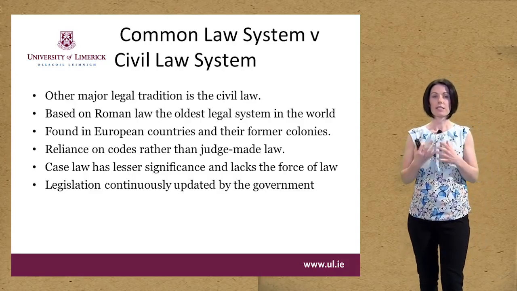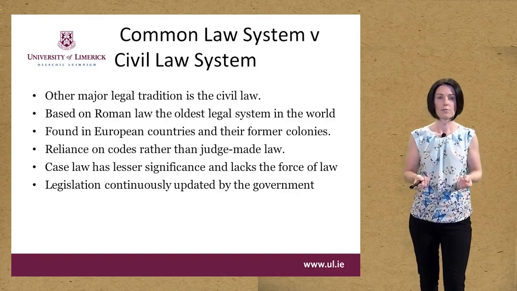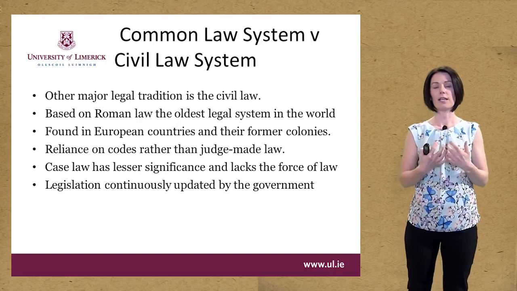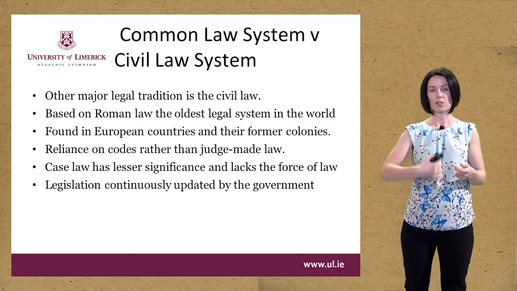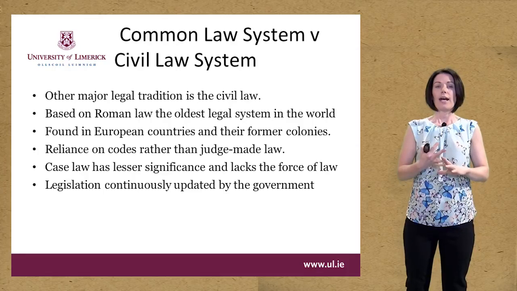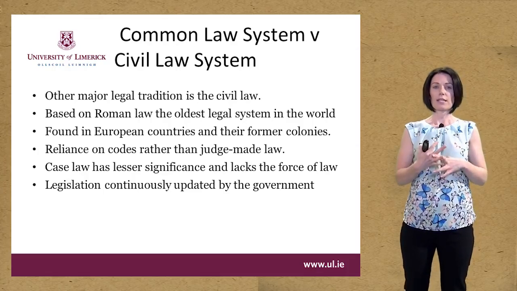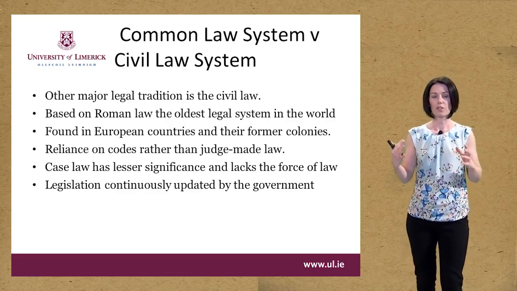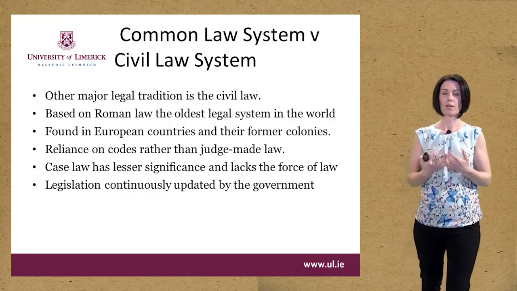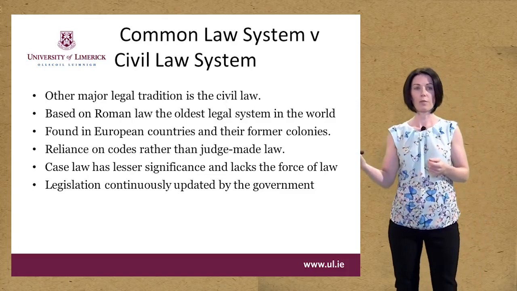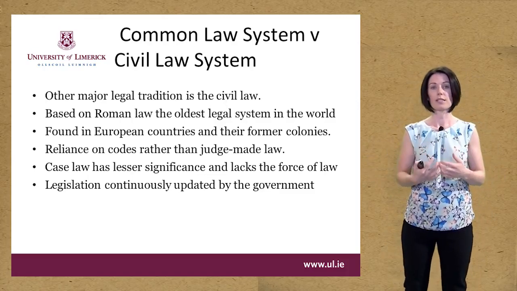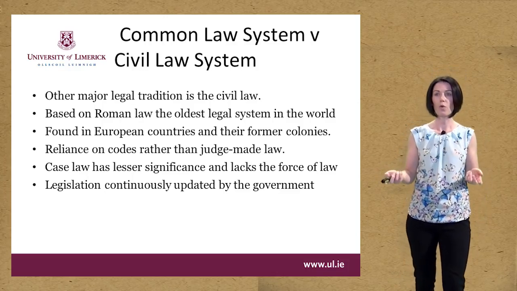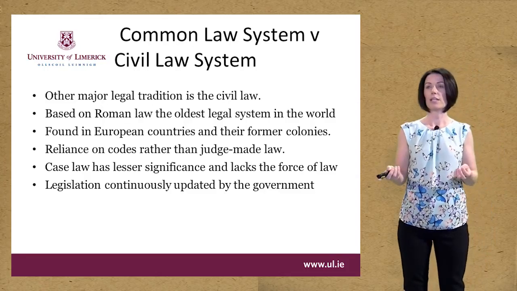The significant difference here is that civil law systems are based on the codification of law, so legislation developed by their government, which is continuously updated. Another significant difference is that the doctrine of precedent doesn't have binding force within a civil law system, whereas in our common law system the doctrine of precedent is a fundamental universal principle that I'll talk more about later.